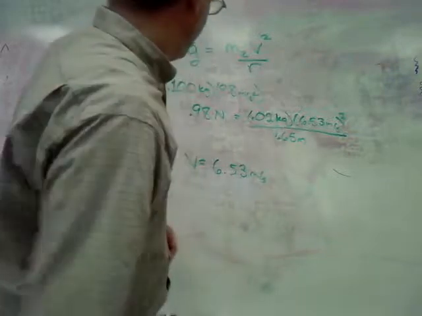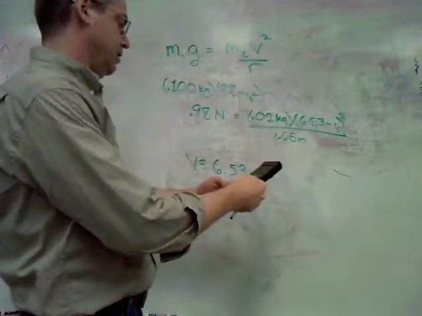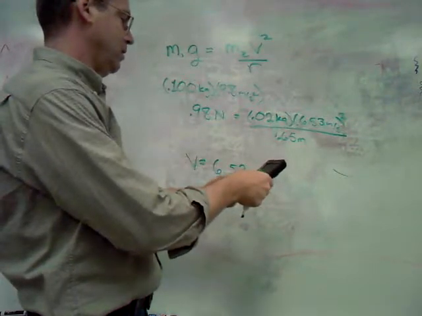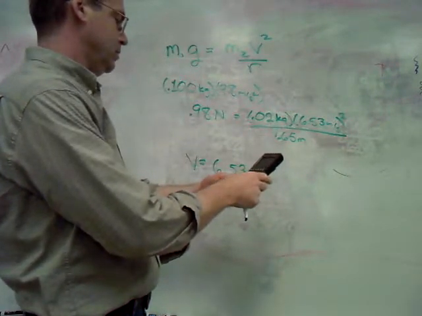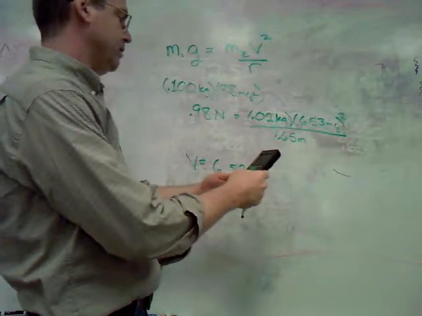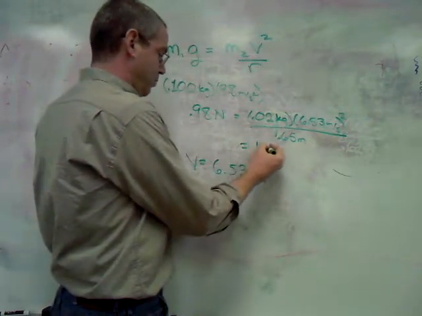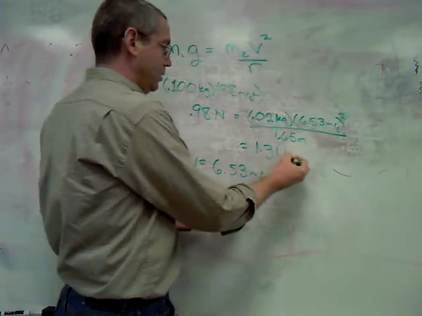And so on that one right there, let's plug into the calculator. And what are the chances this will come out right? 6.53 squared times 0.02 divided by 0.65, and we end up on the right side with 1.31 newtons.